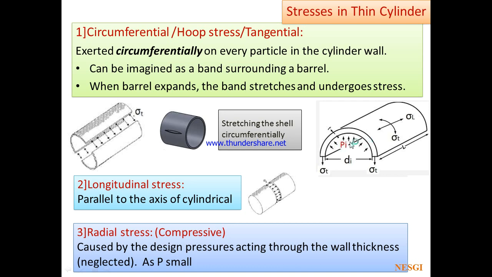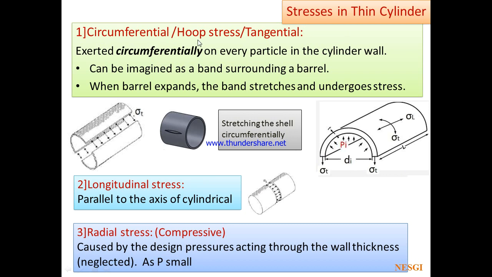Radial stress at the inner surface is equal to the internal pressure, but with opposite sign. Suppose the pressure is 10 kilopascal at the inner radius, then the radial stress at the same point is minus 10 kilopascal, equal in magnitude but opposite in direction. So let us see the different types of stresses one by one.